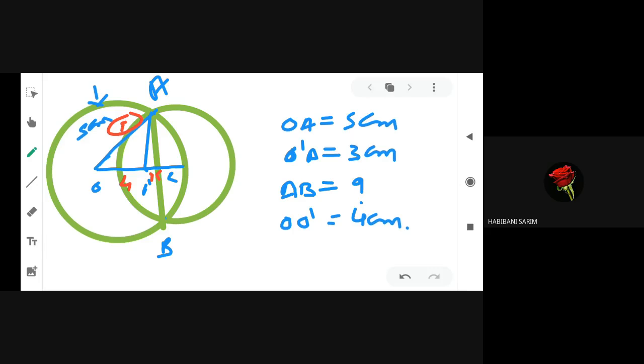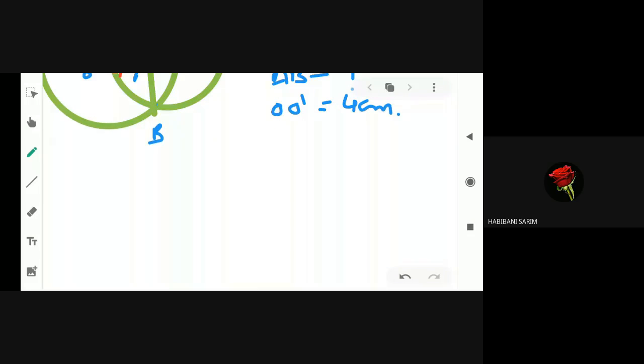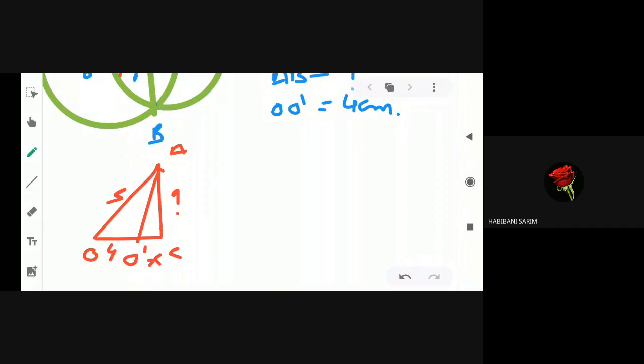Okay. Now consider the triangle. Which triangle? I am drawing the triangle here, so you can clearly consider this. This is O prime, C, and A. Here OA 5 centimeter is given, OO prime is 4 centimeter, O prime C we suppose x, and we have to find AC.